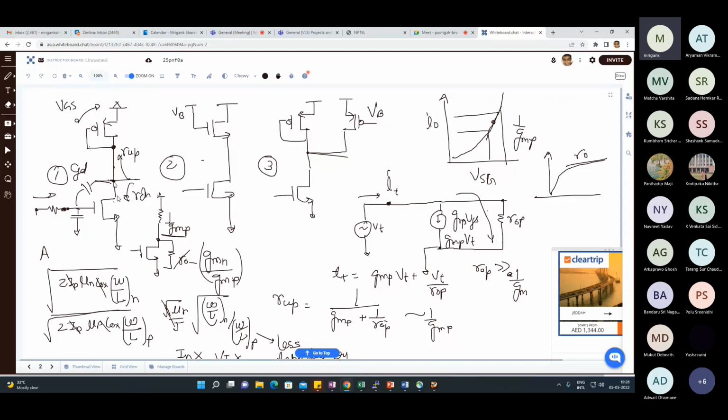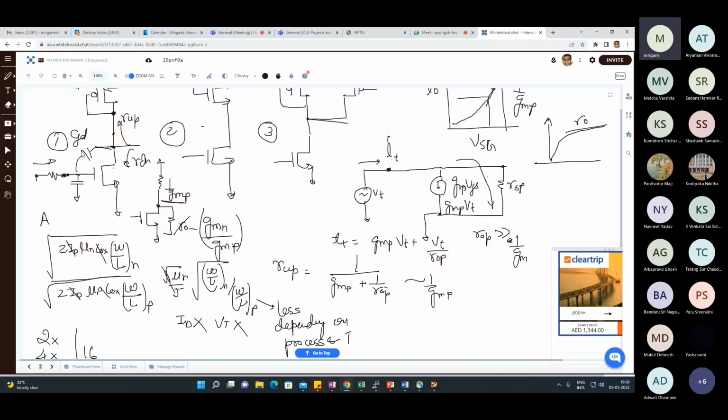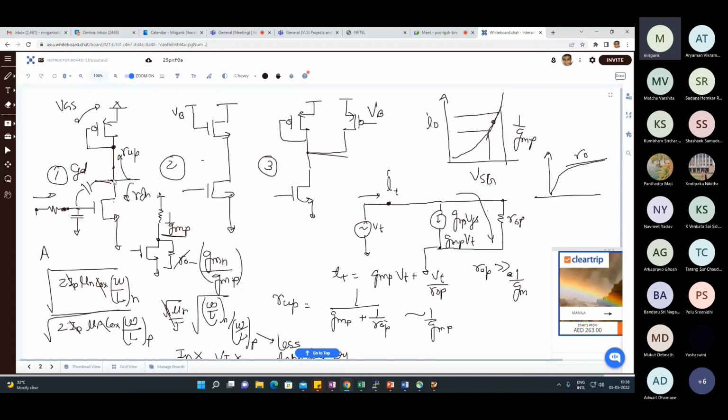What about the output node? What is the impedance at the output node? We need to see after breaking down the Miller effect: we can break down this CGD into two components, and then we need to find the net small signal capacitance between this node and ground, and the net small signal resistance between this node and ground.